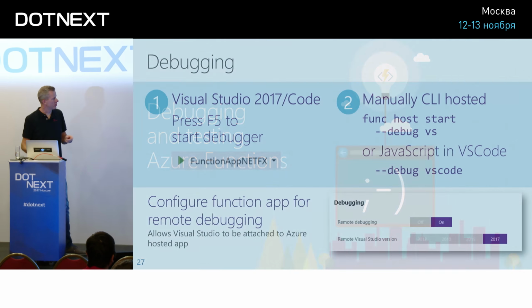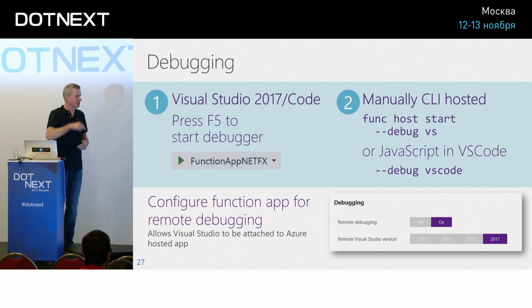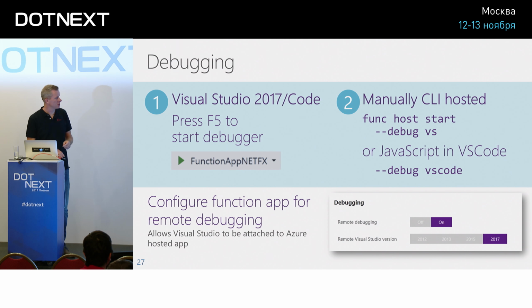We already saw some of the debugging, and let's hope that the other one will find its way. In Visual Studio 2017 or Code, it's just a matter of pressing F5 to start your debugger. That's all quite easy. If you're using Visual Studio Code, expect it to be more on the Node.js side of things and debugging those things.